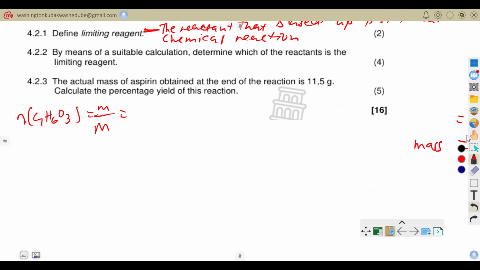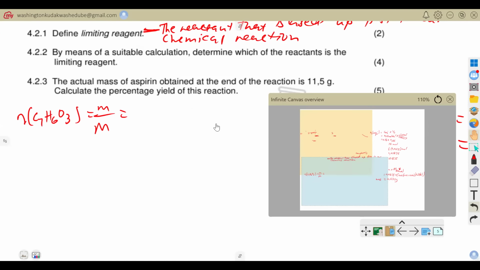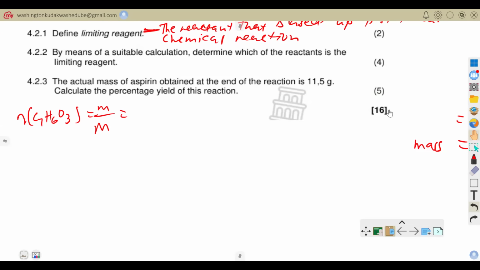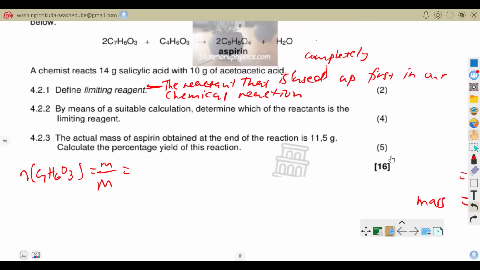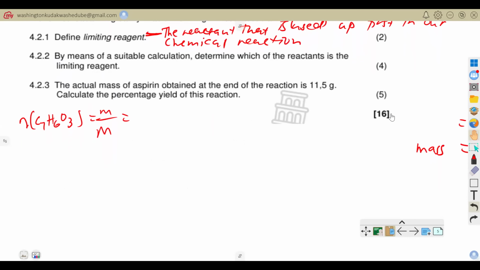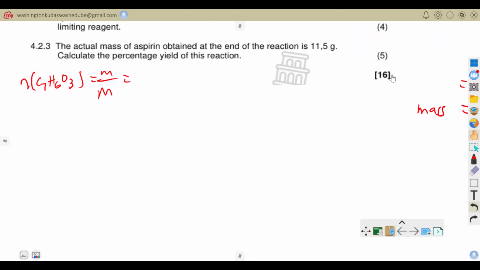The mass that was given for salicylic acid is 14 grams, and the one for acetic acid is 10 grams. So those are the masses that we are using. So I have 14 grams of salicylic acid.